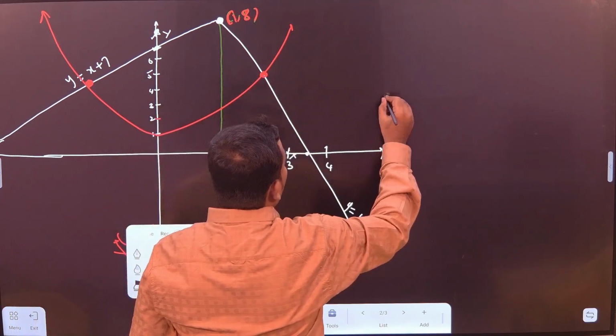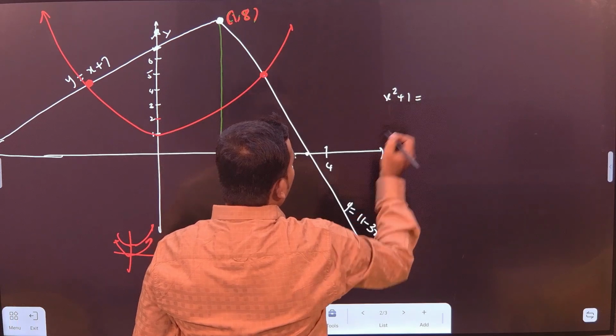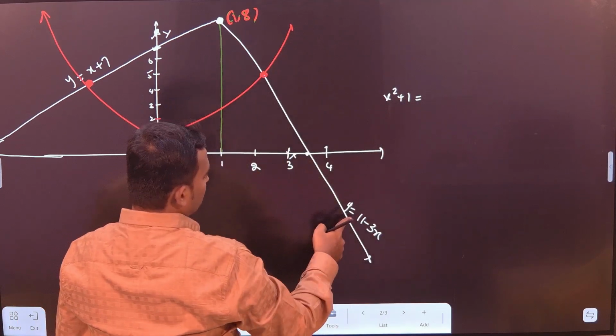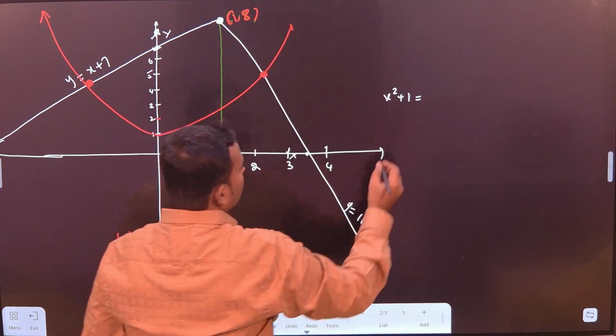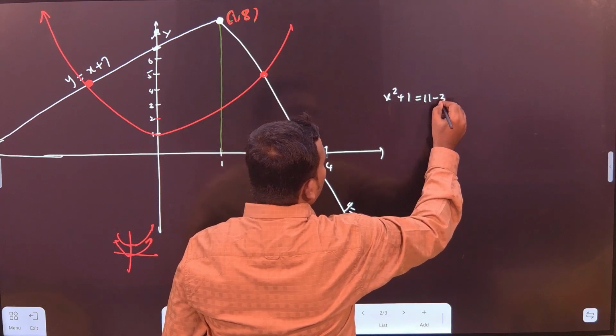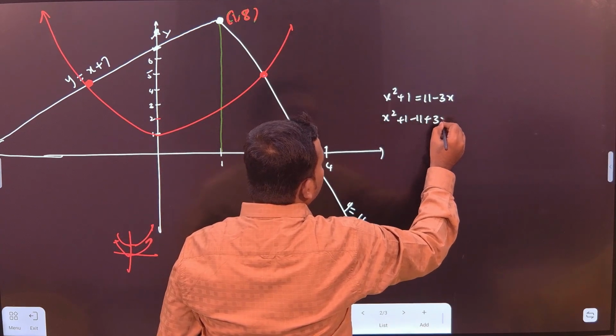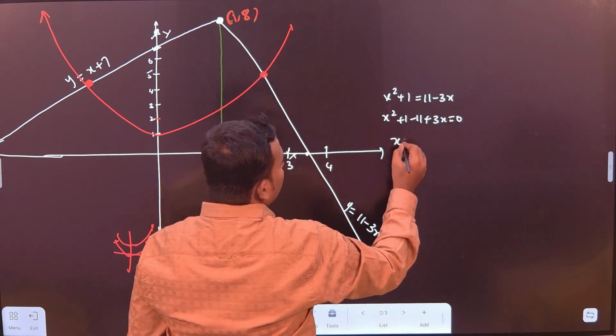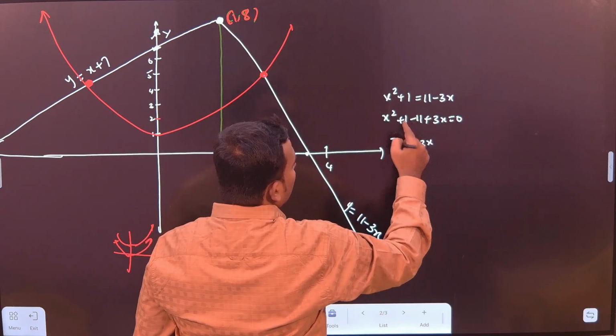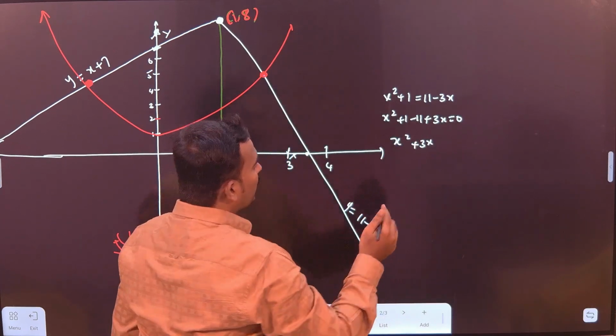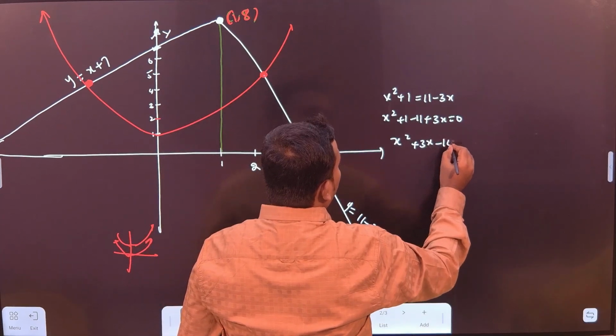You can see, first this is the x square graph, x square plus 1 is equal to, what is that? 11 minus 3x. You can equate it: x square plus 1 minus 11 plus 3x equal to 0. Then x square plus 3x, 1 minus 11 will be minus 10, right? Equal to 0.